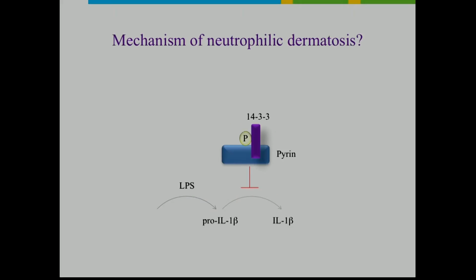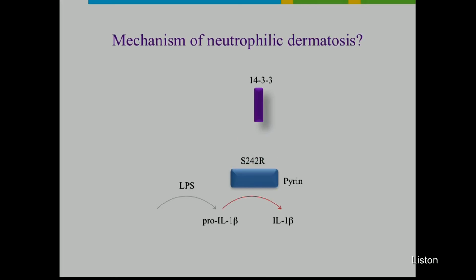In neutrophilic dermatosis, however, we think there's quite a different situation. Here, we have a situation where the residue that should be phosphorylated is mutated, which means 1433 is just constitutively absent. We're missing this entire regulatory system, so we're always going to be getting this activation of Pyrin and the inflammasome. We're still not going to get spontaneous IL-1 beta production everywhere, though, because we still need to have something stimulating pro-IL-1 beta production.